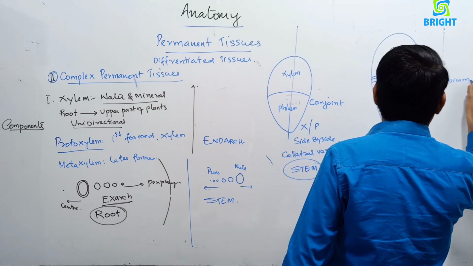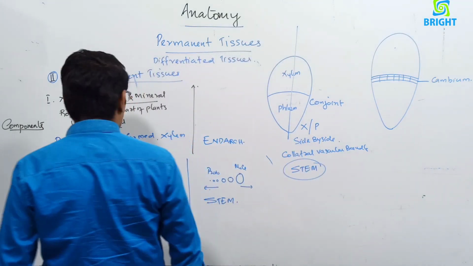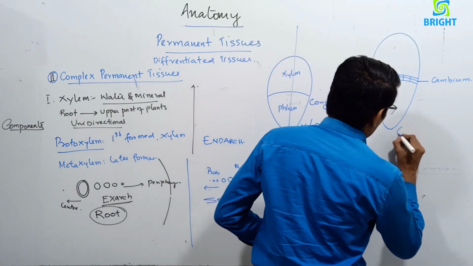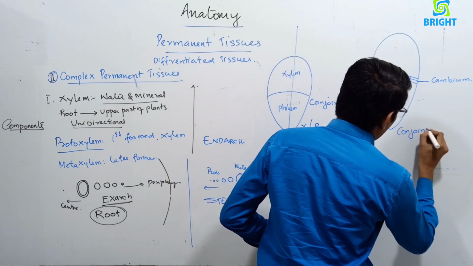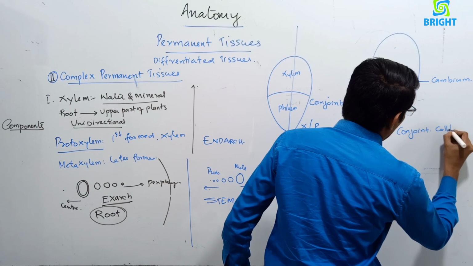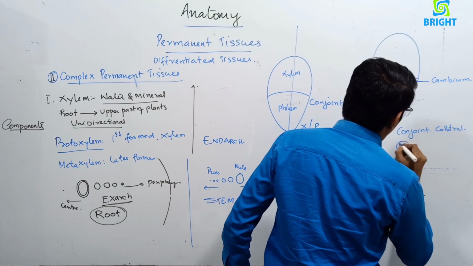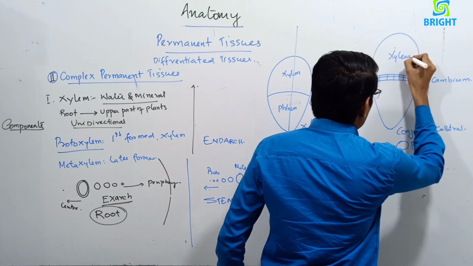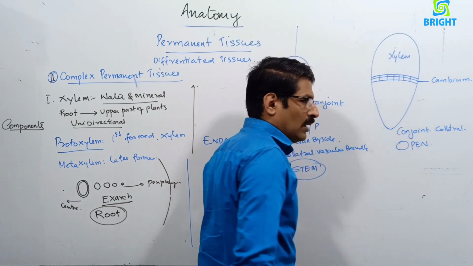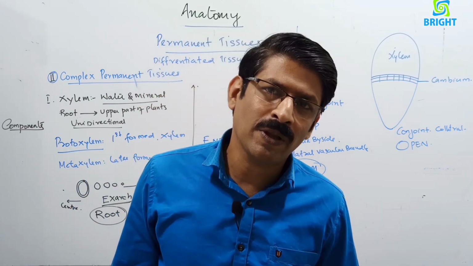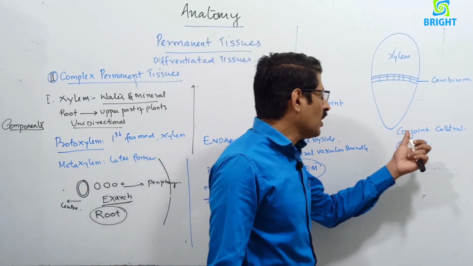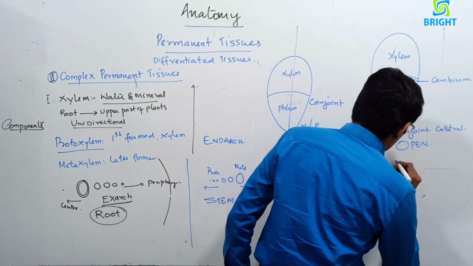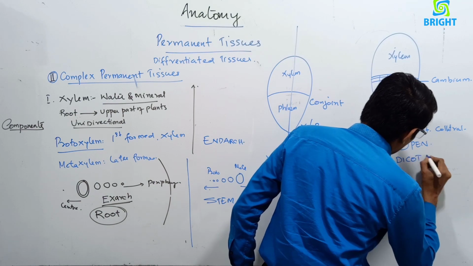We know that cambium is a lateral meristem or secondary meristem. When the cambium is present, then it is called conjoined collateral open vascular bundle. Secondary thickening is open. Because cambium is present, lateral growth or secondary growth is possible, such a vascular bundle is called conjoined collateral open vascular bundle, and it is a characteristic of dicot stem.